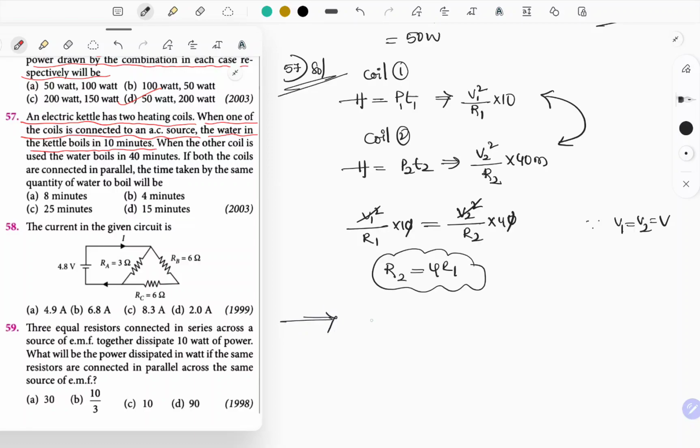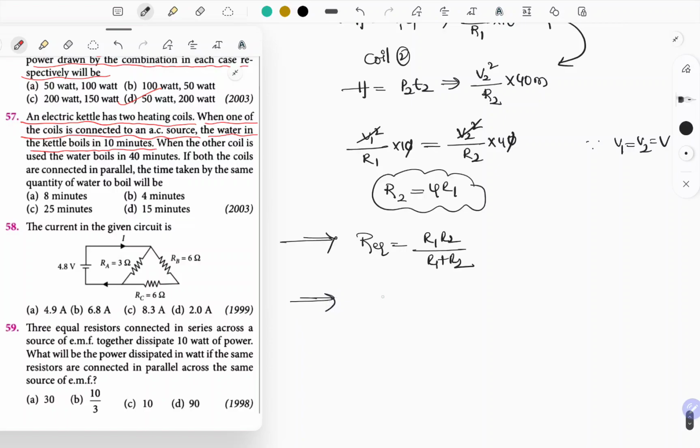Okay, super. So what's going to be the formula for parallel combination of resistance? R equivalent is equal to R1 R2 by R1 plus R2, right? In this case I need power.